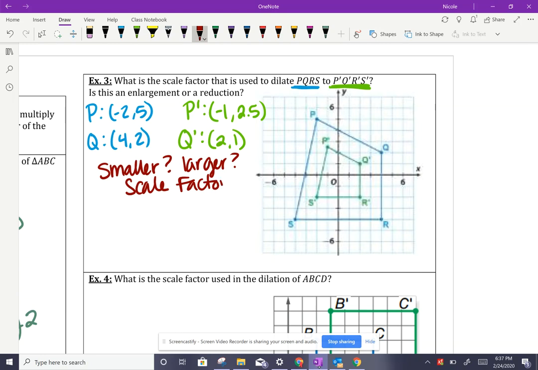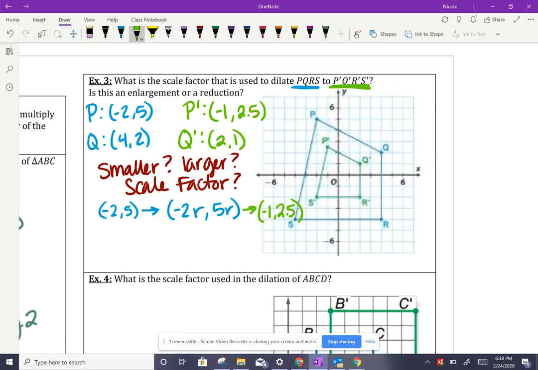So let's take a look at trying to find the scale factor. If I look from P to P prime, I'm going to erase that for a second. If you're going from negative 2, 5 to having some sort of R, so what R would I multiply both of these by to end up with negative 1, 2.5?